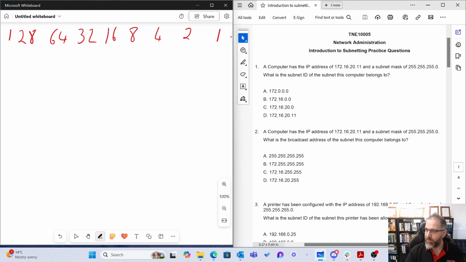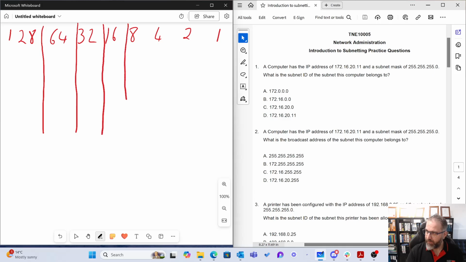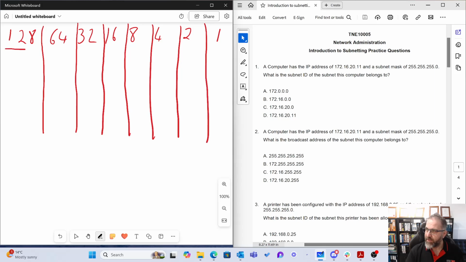And then I just separate them like that. And I can just use that as a bit of a map.